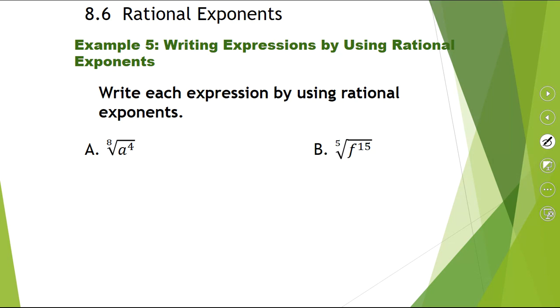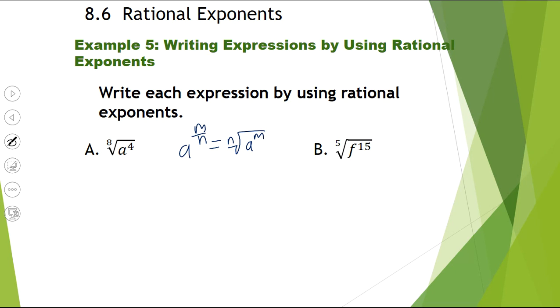All right, so the eighth root of 8 to the 4th power. Again, my rule was this equals basically this, right? So it's just sort of rearranging the numbers. So in this case the n is the 8, right? And the m is the 4.